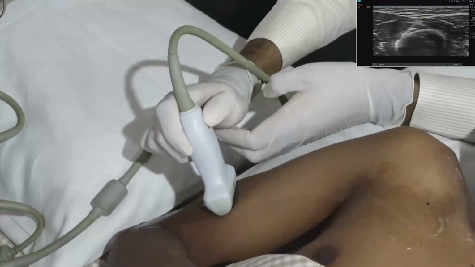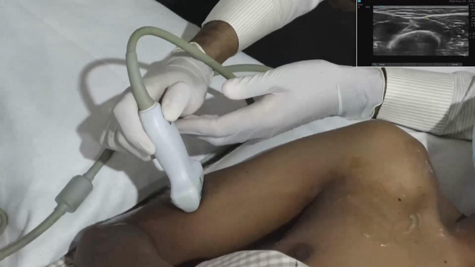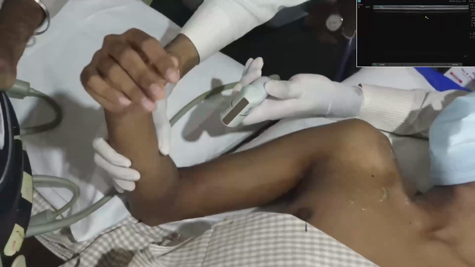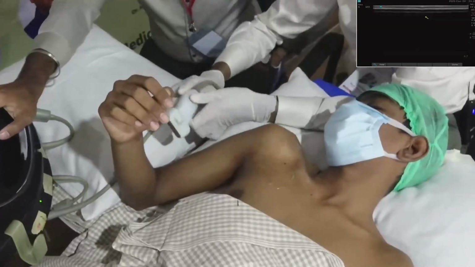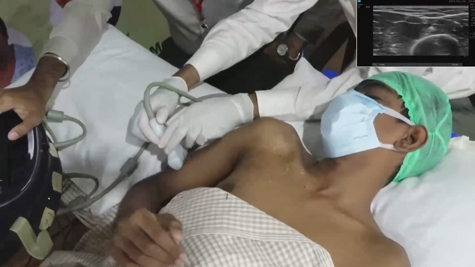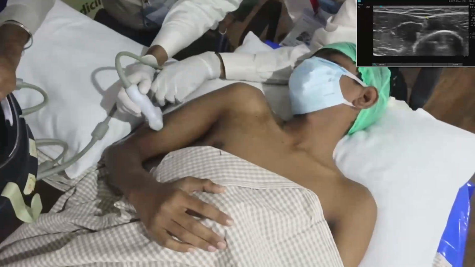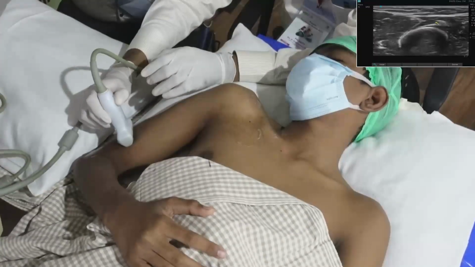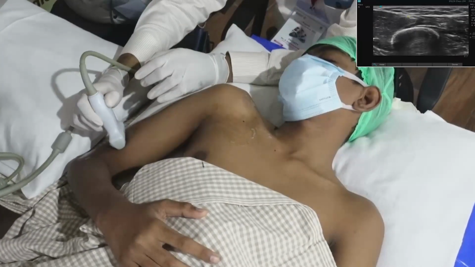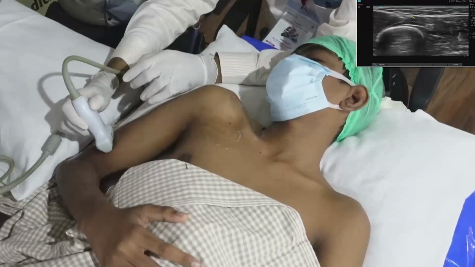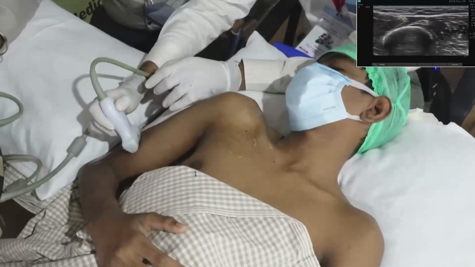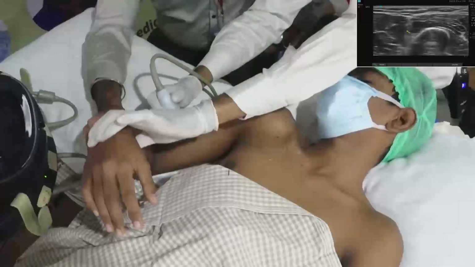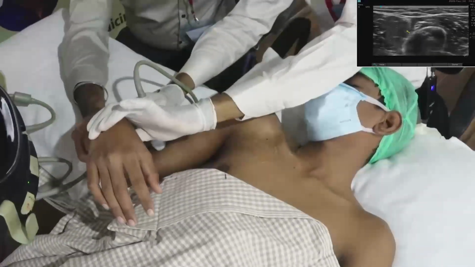If you want to block the radial nerve, especially the posterior cutaneous nerve of forearm, it's better to block in this area, mid-humeral. Unless you block here, we are going to miss the posterior cutaneous nerve of forearm. If you move distally, it is getting separated. Then I will follow the radial nerve main component.